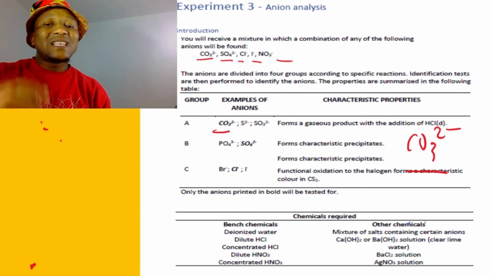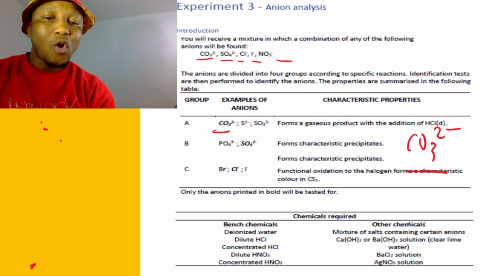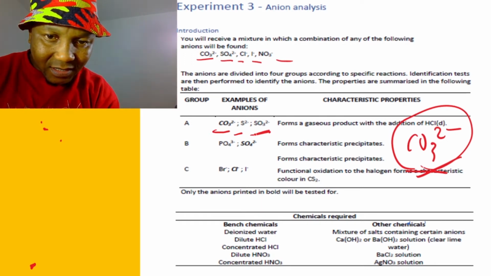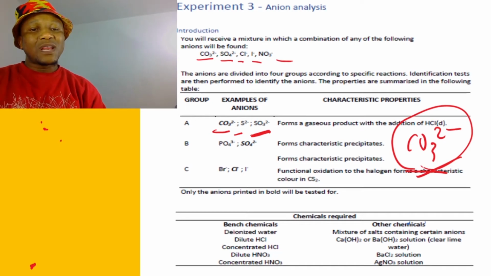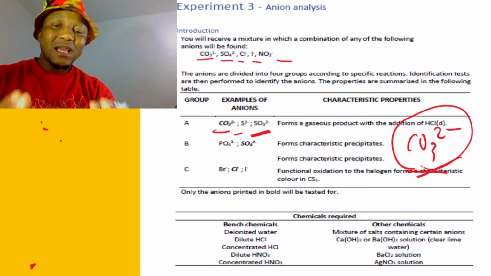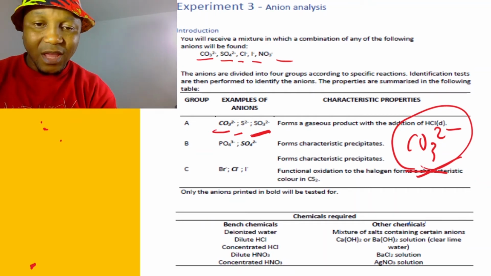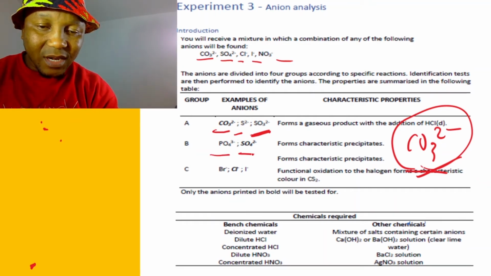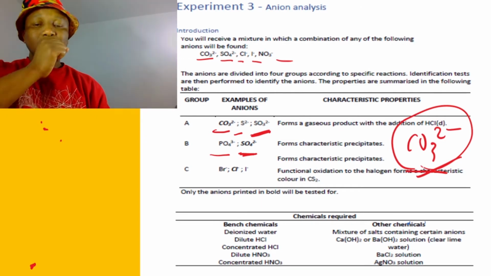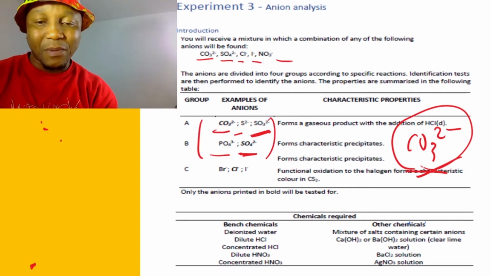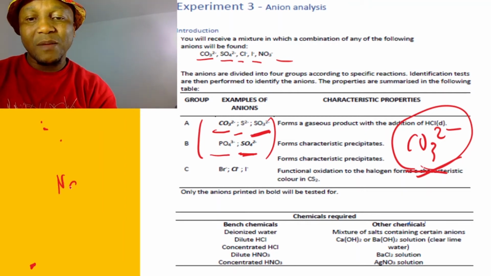So the mixture is going to have a combination of anions. Sulfite, this is SO3 -2. All these are radicals. Like I said, you can find all of these. This is sulfite, and then SO4 is sulfate. So the mixture is going to have a combination of these. For example, somebody might give you sodium sulfate.